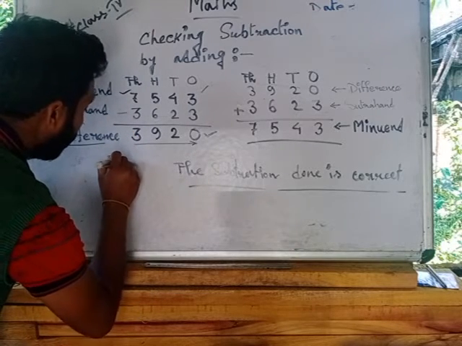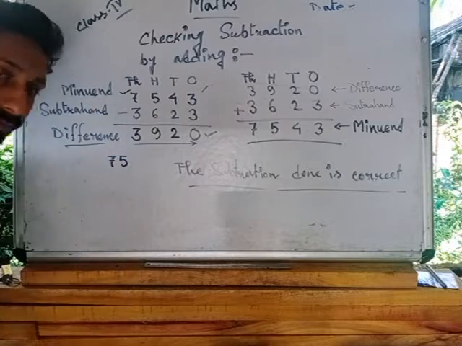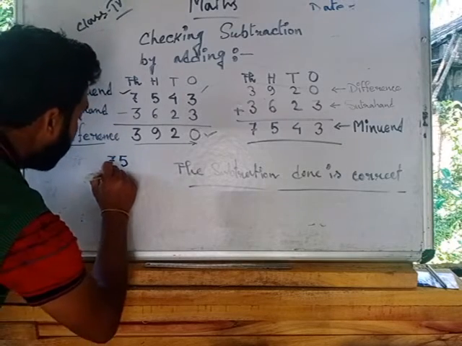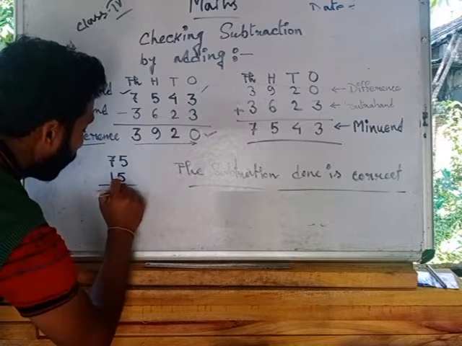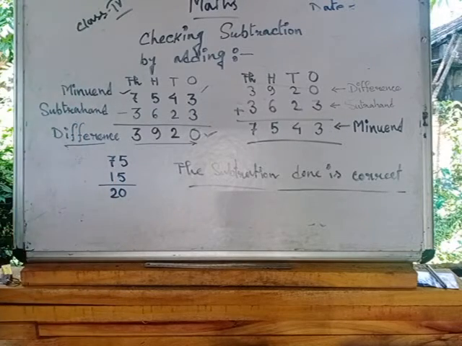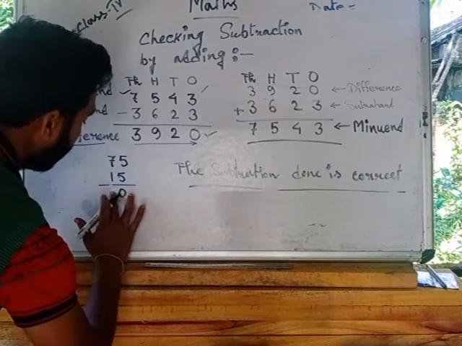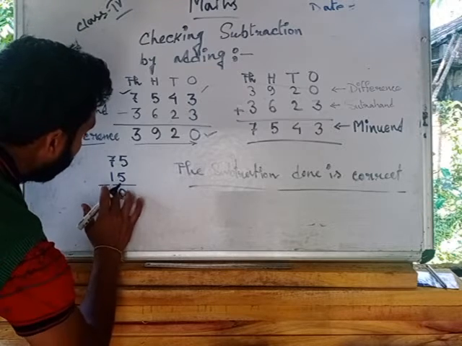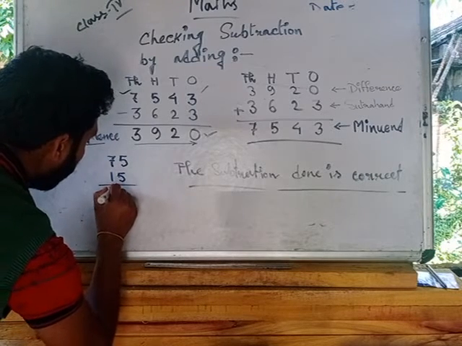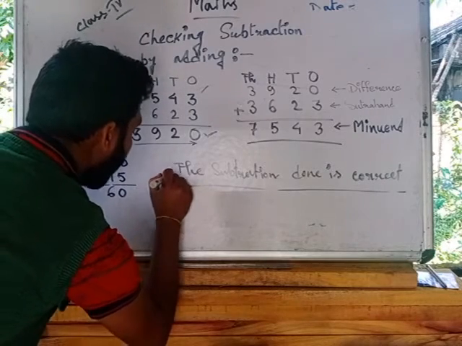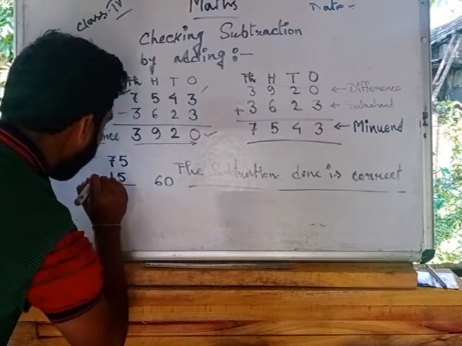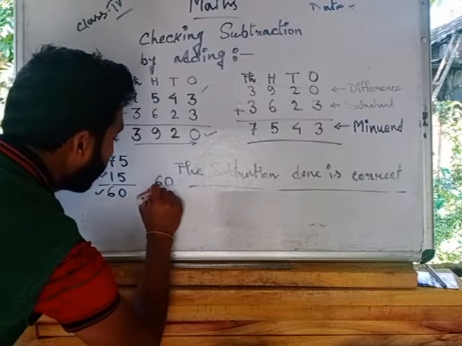If the minuend is 75 and the subtrahend is 15, we should get the difference 60. We should add the difference and the subtrahend.